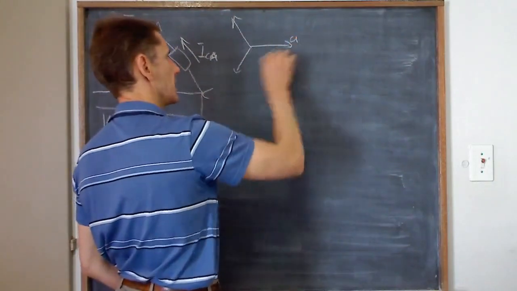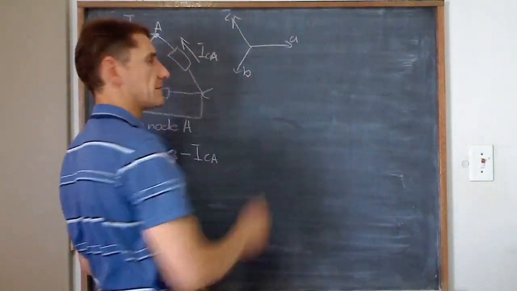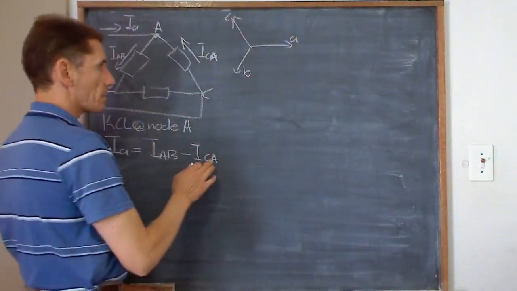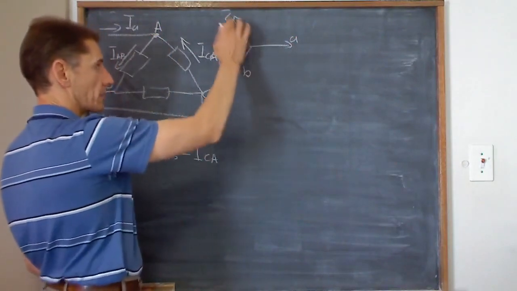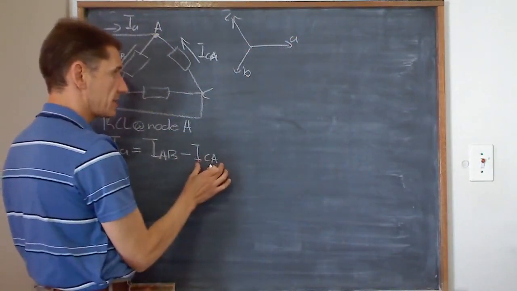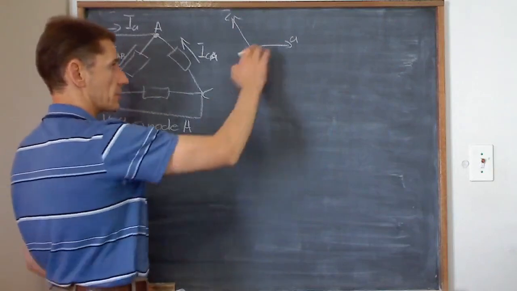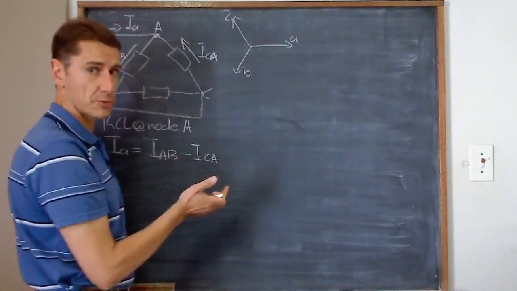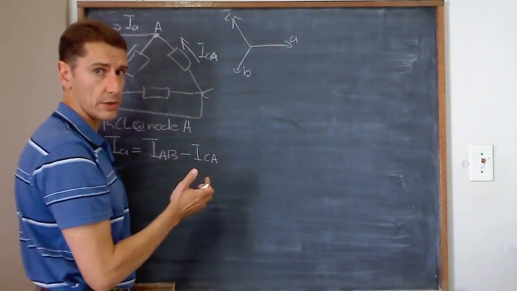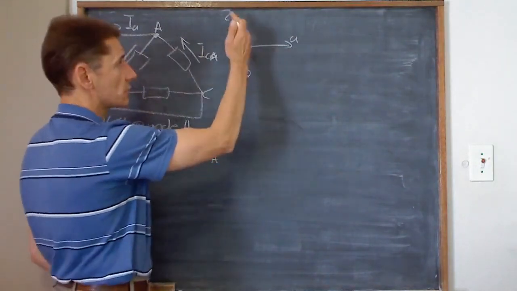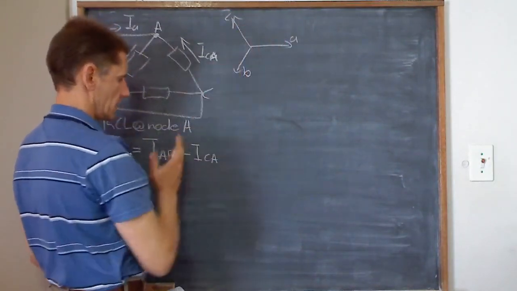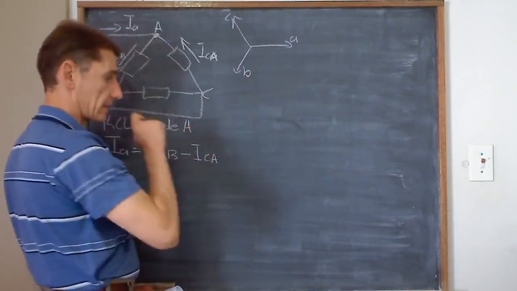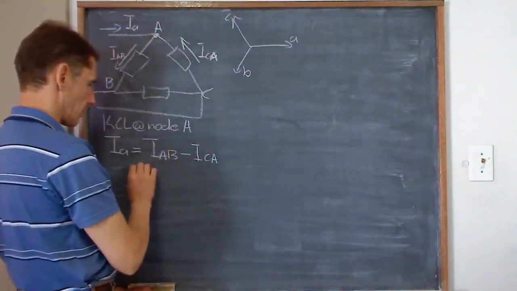So that was A, B, and C. Now C is represented by CA. How do I convert CA to AB, which is over there? Do I need to subtract or add 120 degrees? I need to go from CA to AB, so I need to subtract 120 degrees.